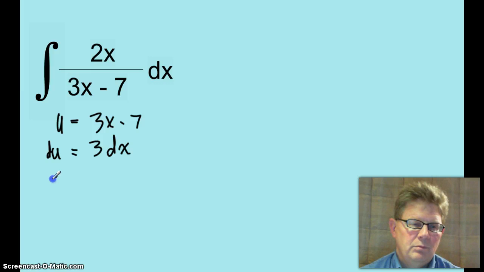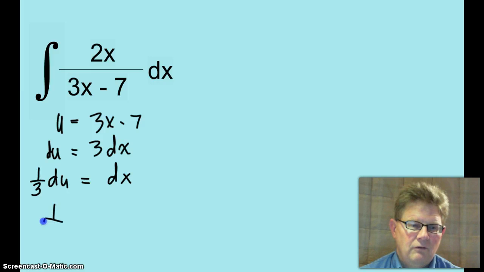So we need to simplify that. Multiply both sides by 1/3, or divide both sides by 3. So now we are going to substitute this dx with a 1/3 du.